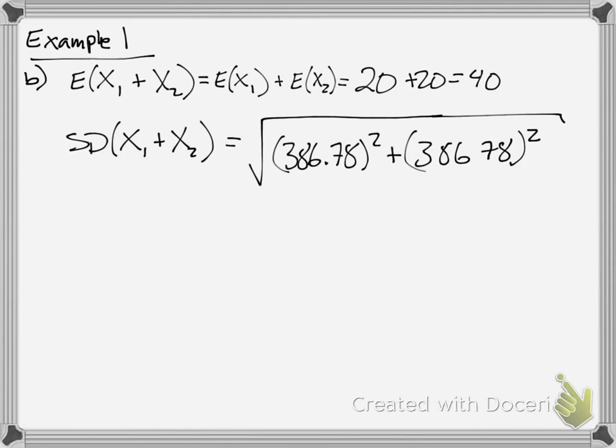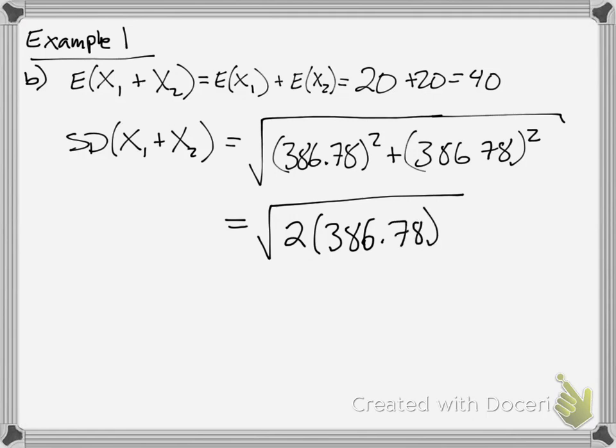Which we can also rewrite as just 2 times $386.78 squared, because we got 2 of them. And that's approximately equal to $546.99.